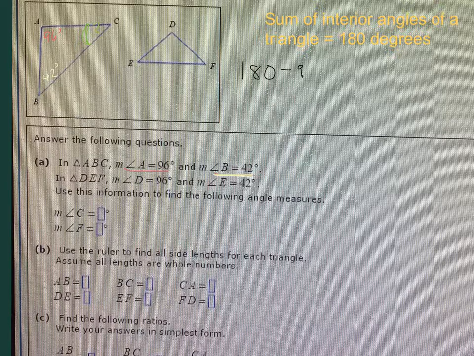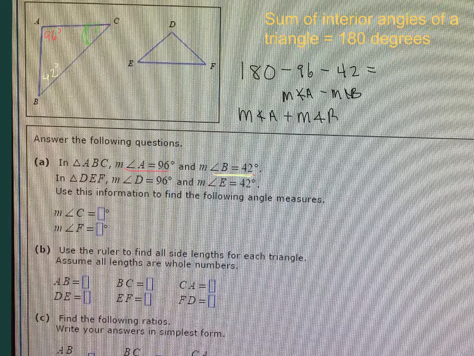I'm going to subtract 96 and then subtract 42, because that is the measure of angle A minus the measure of angle B. The reason it works that way is because if I have the measure of angle A plus the measure of angle B plus the measure of angle C, that should equal 180 degrees.